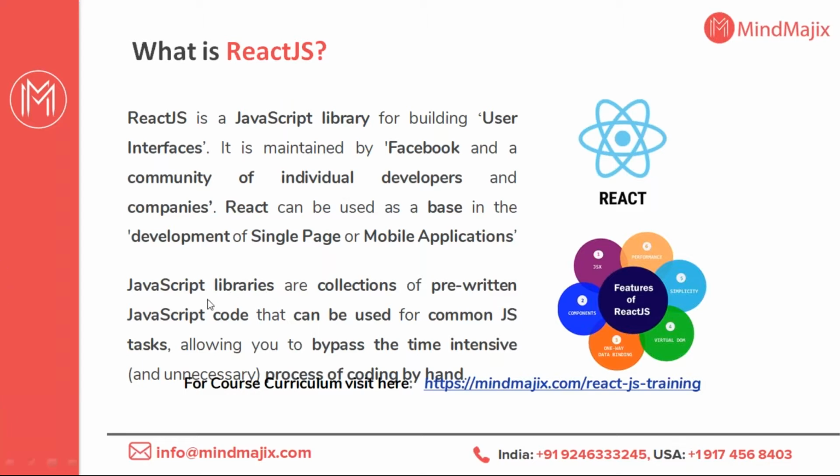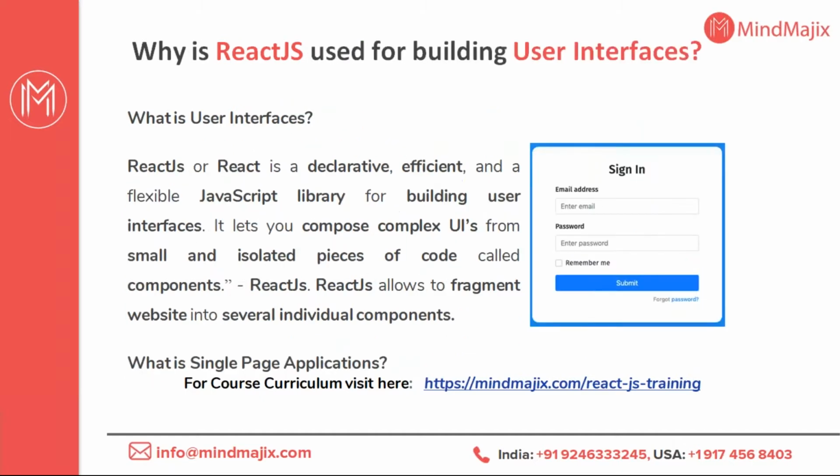JavaScript libraries are collections of pre-written JavaScript code that can be used for common JavaScript tasks, like the YouTube example I gave, or a common distance calculation functionality. So a JavaScript library is a piece of code that can be commonly used wherever it is required.